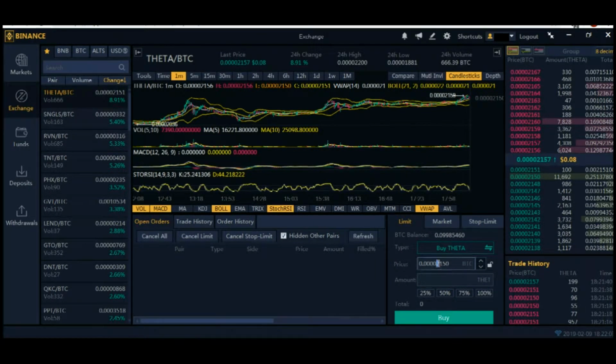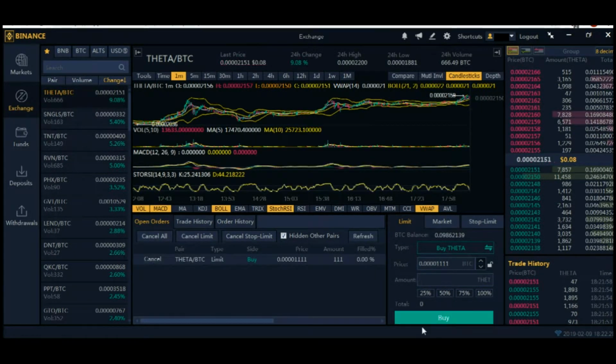And I'm definitely not going to choose that value. But since I'm not trying to trade right now, I'm going to just put in something lower. And that's about $12 worth of theta at a very low position. And I can choose that amount and put the order in. And now I have an open order for theta.